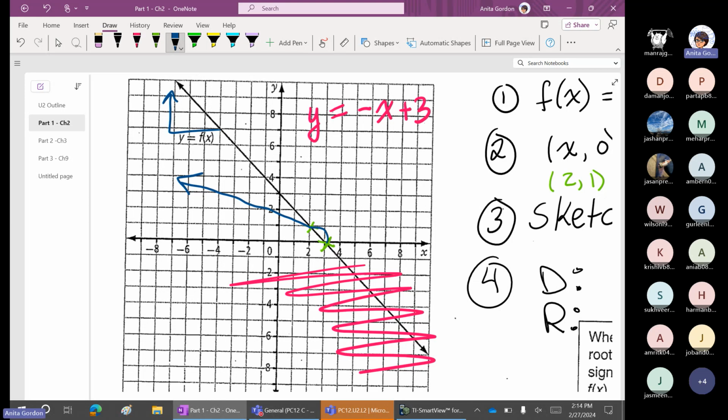Does that make sense? Okay, so your original graph will tell you the direction. Your original graph will tell you the intersection points. So above the intersections and then below the graph going in the same direction.